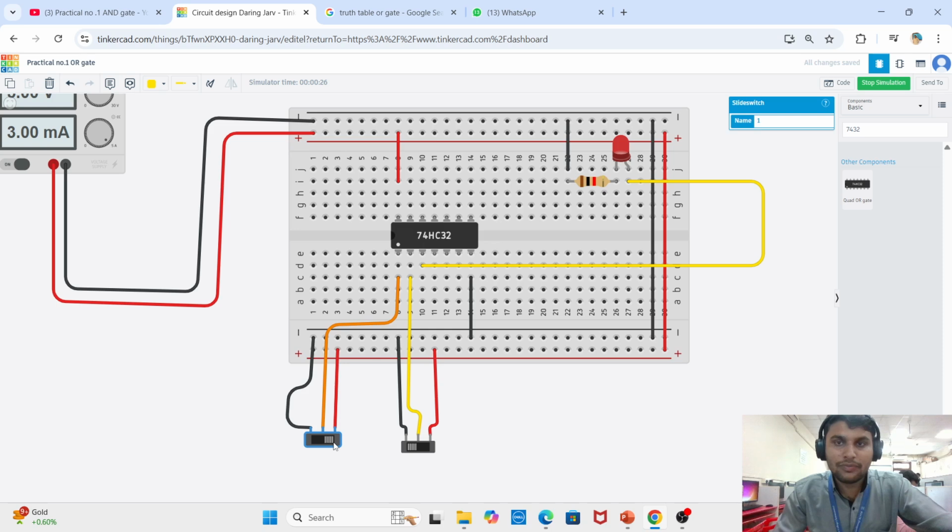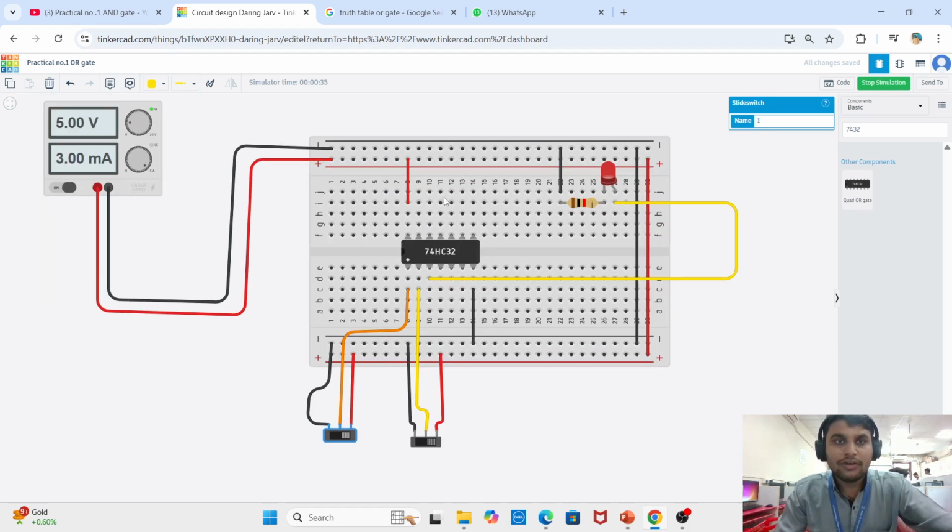So 0 plus 1 is 1, 1 plus 0 is 1, and 1 plus 1 is 1. We have verified the truth table of the OR gate.